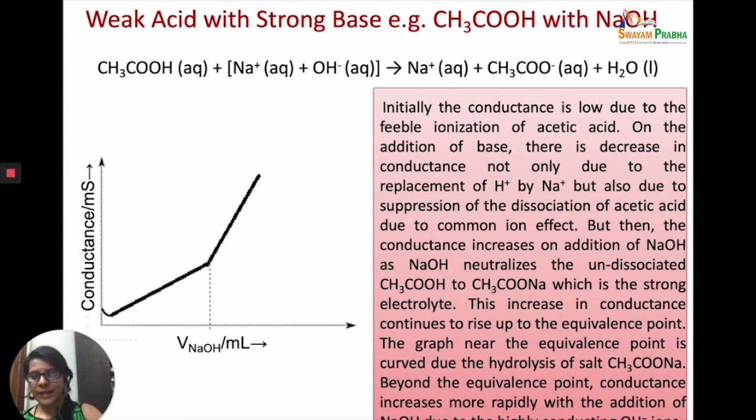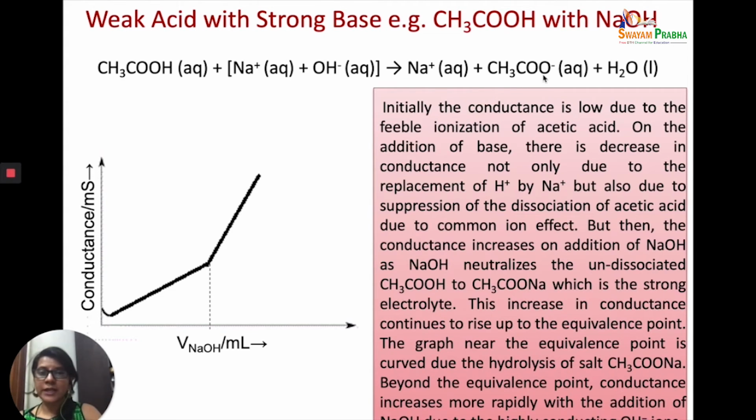Now when you add base to it, what happens is there is a dip, a very small dip that is observed. This dip is due to the replacement of H plus by the Na plus, and also due to the suppression of the ionization of acetic acid due to the common ion effect. Why is there this common ion effect? The acetic acid, when it reacts with NaOH, forms sodium acetate.